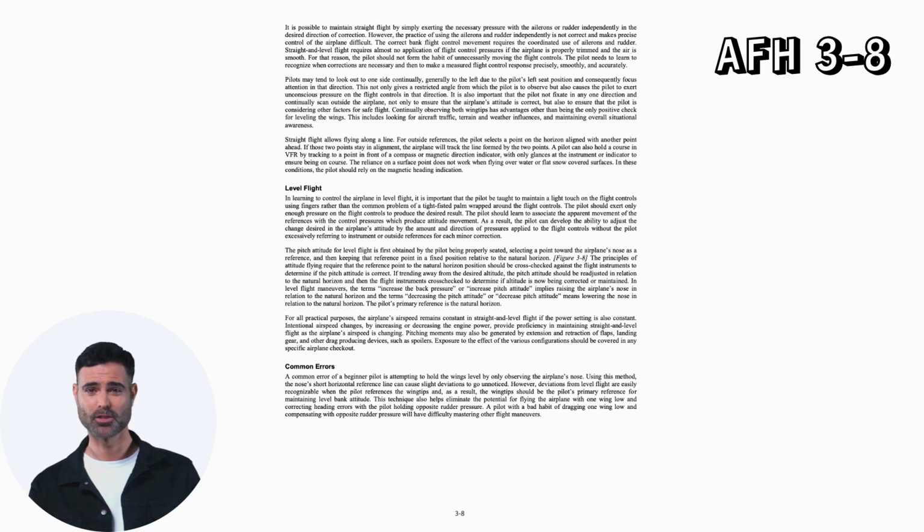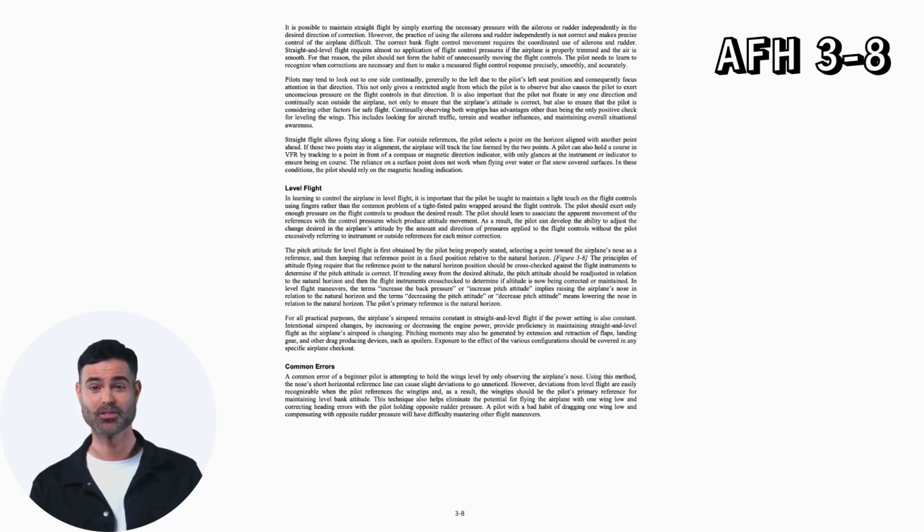The principles of attitude flying require that the reference point to the natural horizon position should be cross-checked against the flight instruments to determine if the pitch attitude is correct. If trending away from the desired altitude, the pitch attitude should be readjusted in relation to the natural horizon and then the flight instruments cross-checked to determine if altitude is now being corrected or maintained.